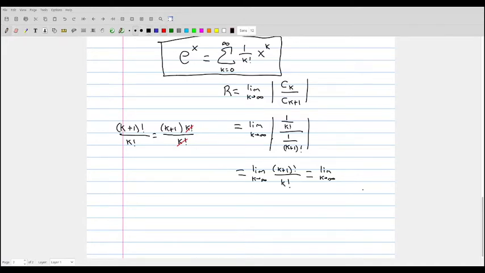So this limit is the same thing as the limit as k goes to infinity of k plus 1, or positive infinity.